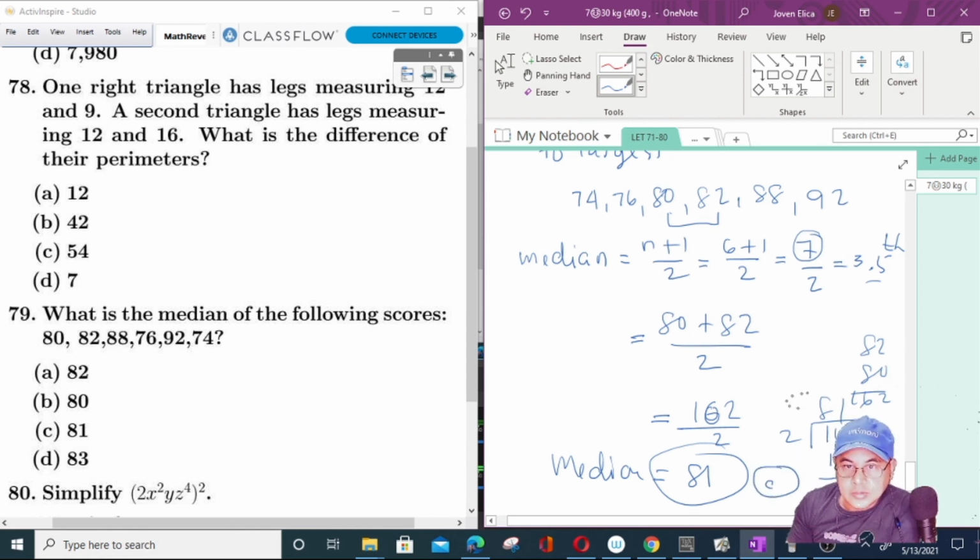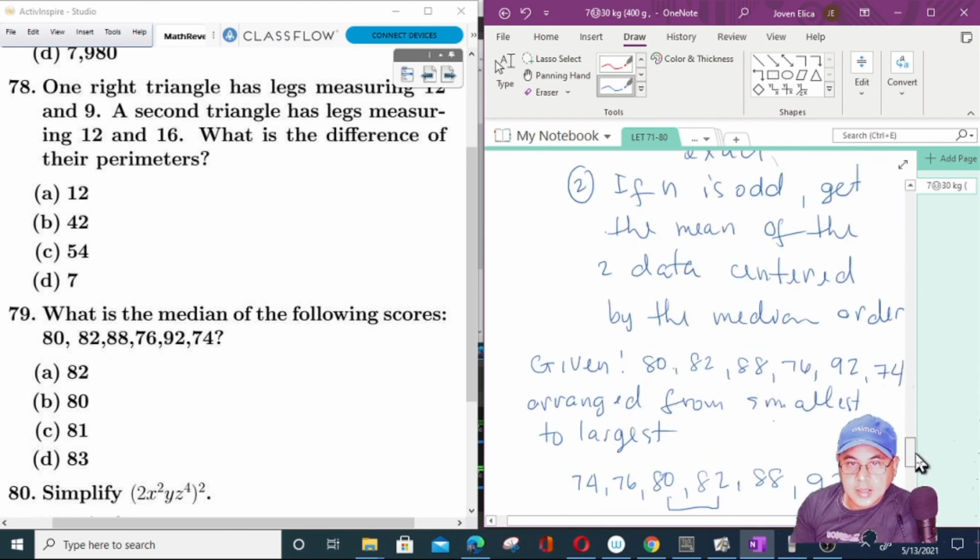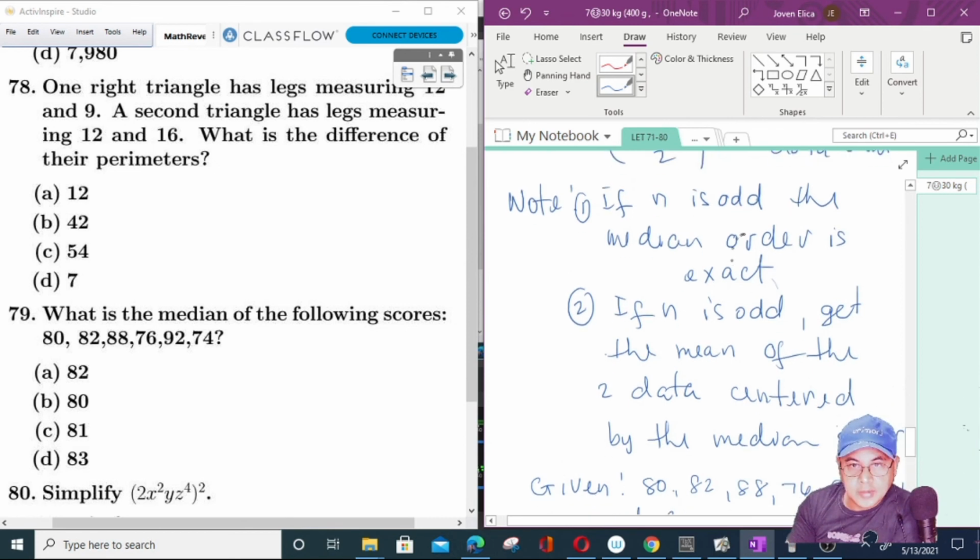Okay, so the median is not 3.5. In note number 1, if n is odd, the median order is exact.